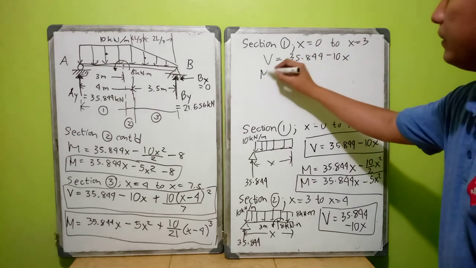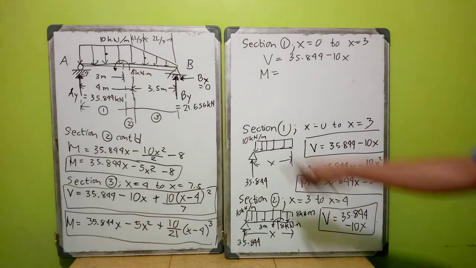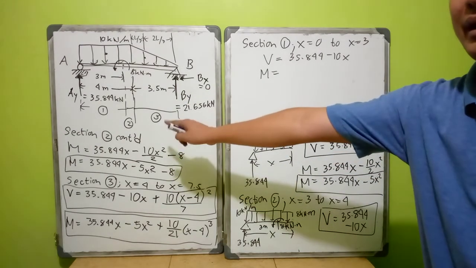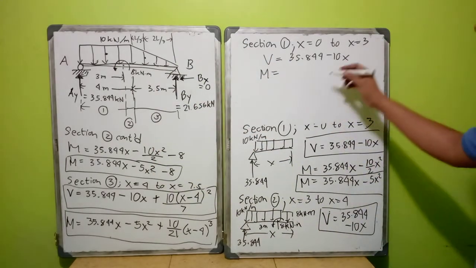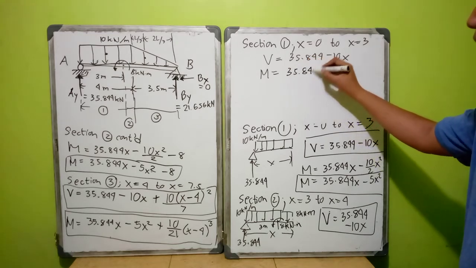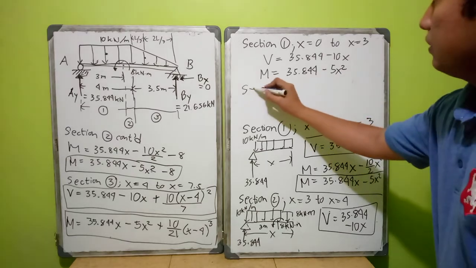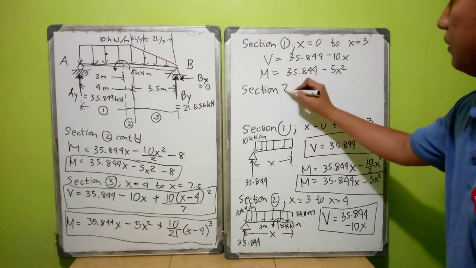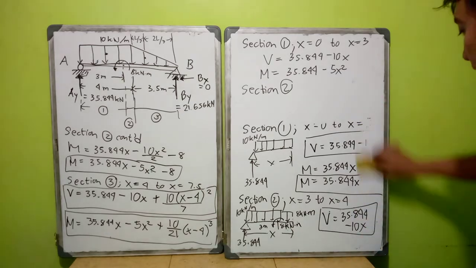I am going to copy each and every shear and moment equation, so that we can draw the shear and moment diagrams in this area, because we have limited space. Okay, so I will slowly erase.